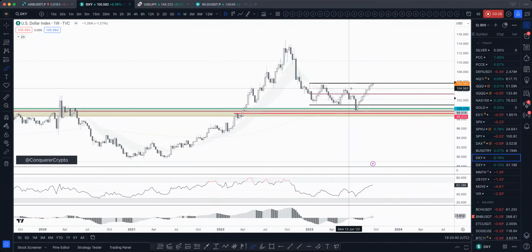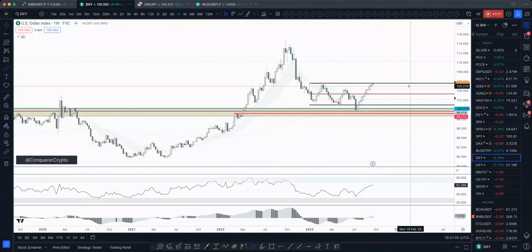So at this point, the opposite side. Now the last swing high is broken. If it does something like that and starts bouncing, then that's the point where you should say, okay, this is the structure shift, basically.